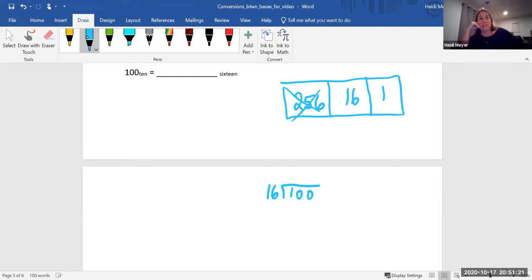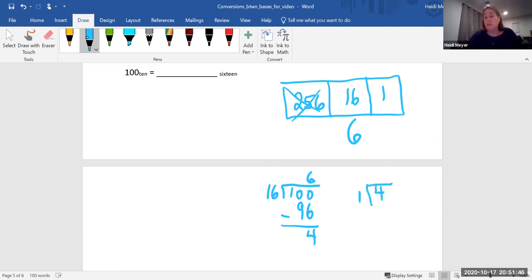Let's see, 4 times 16 is 64. Another 16 gets us up to 80. Another 16 gets us up to 96. So it goes in 6 times with a remainder of 4. So I have 6 groups of 16 that fit into 100, and there's 4 left over.